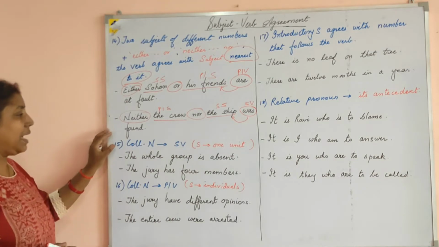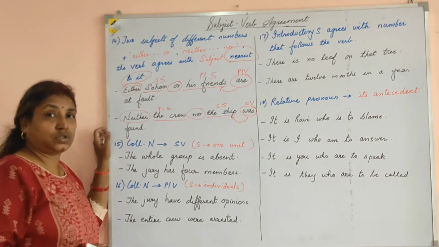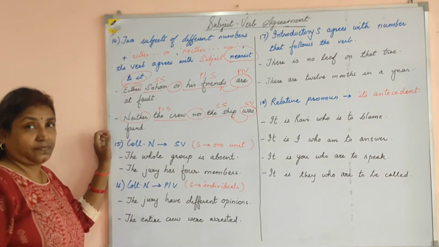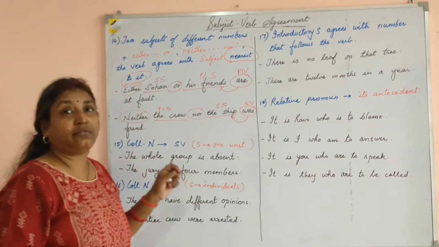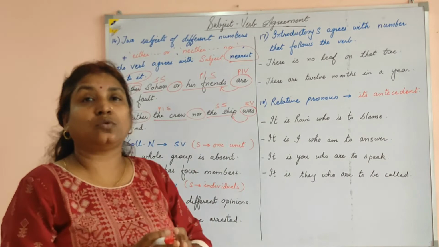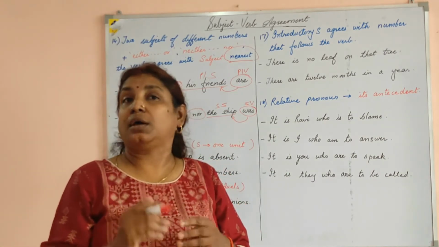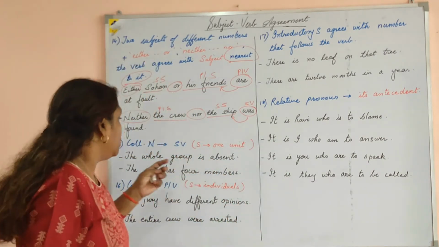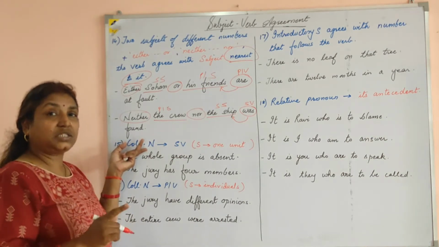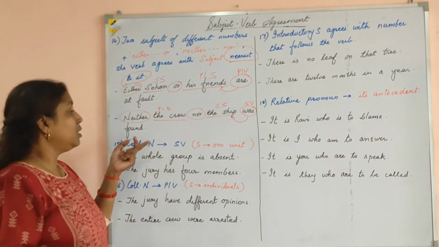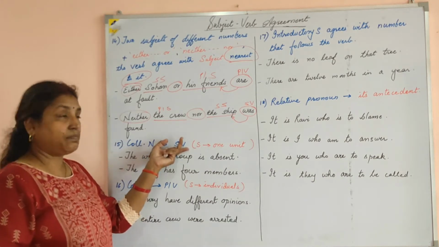Same way, if I have a collection of nouns, like in collective nouns, what happens in collective nouns? I have a number of nouns put together as one group. Since a collective noun is referred to as one single unit, one single group, it takes a singular verb.